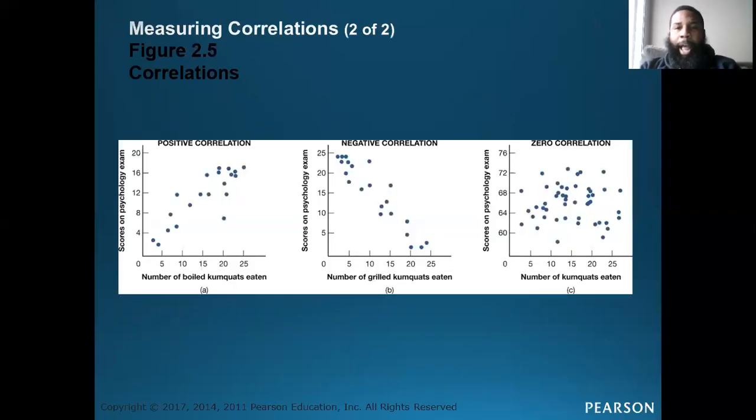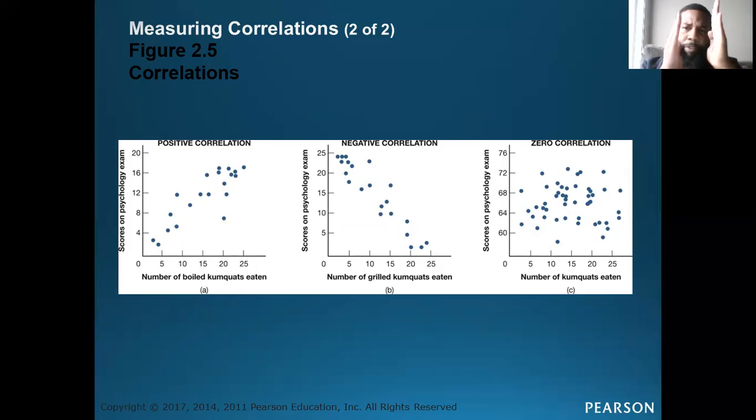Now, I can demonstrate this for you in these graphical representations. And again, this is very generalized. You will get into much more understanding of this in your next few classes. But for now, when we talk about a positive correlation, we're talking about as one variable goes up, the other variable also goes up.